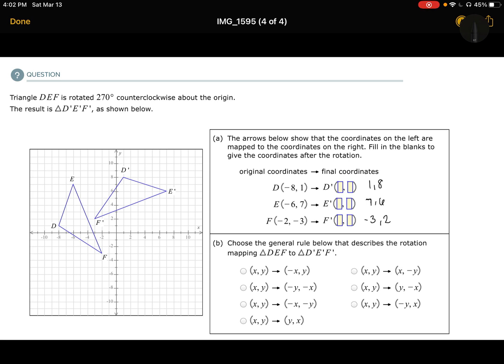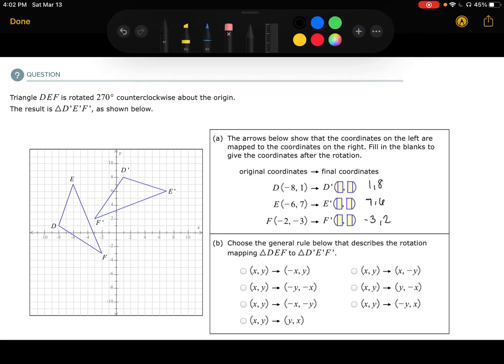What you're going to do here is determine how this shape has moved. If you read the question, it says the triangle is rotated counterclockwise. If it is a rotation of 90, 180, 270, 360, you're typically going to have the same numbers, just in a positive or negative form.